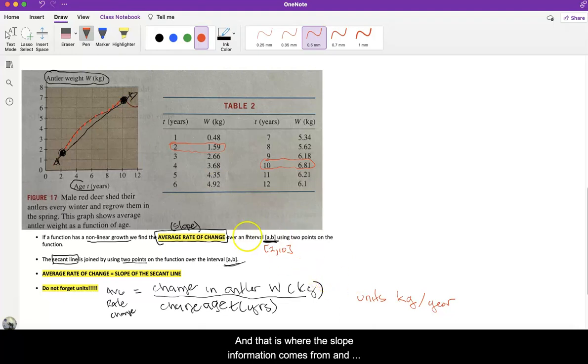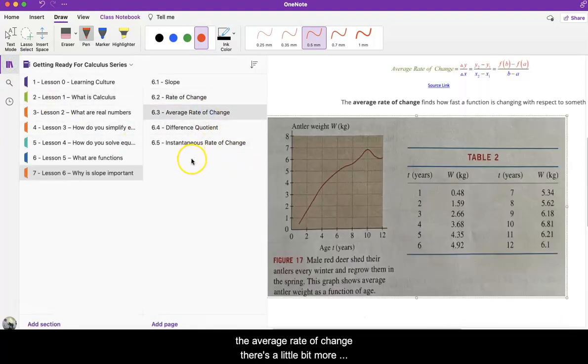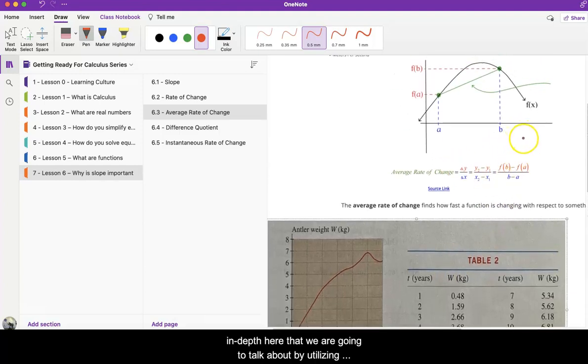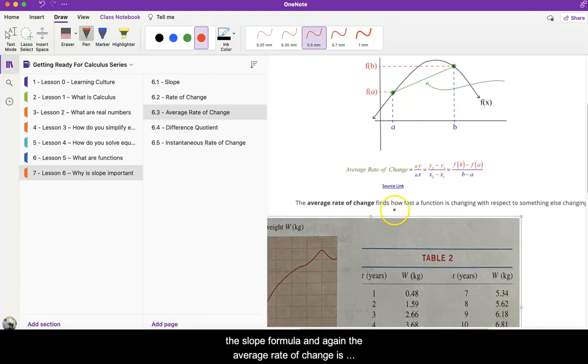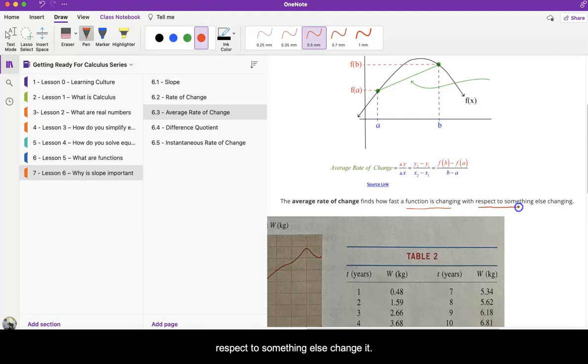And so what's going to happen is once we talk about the average rate of change, there's a little bit more in depth here that we are going to talk about by utilizing the slope formula. And again, the average rate of change is going to discuss how fast a function is changing with respect to something else changing.